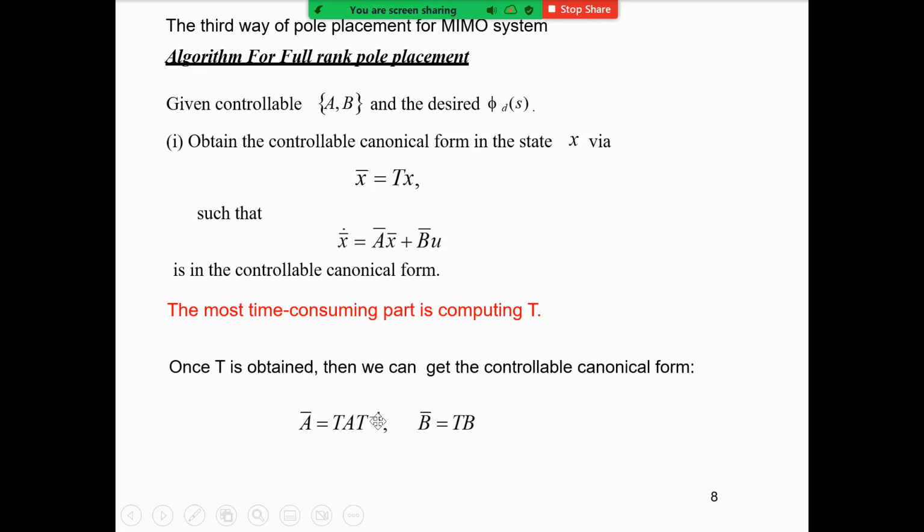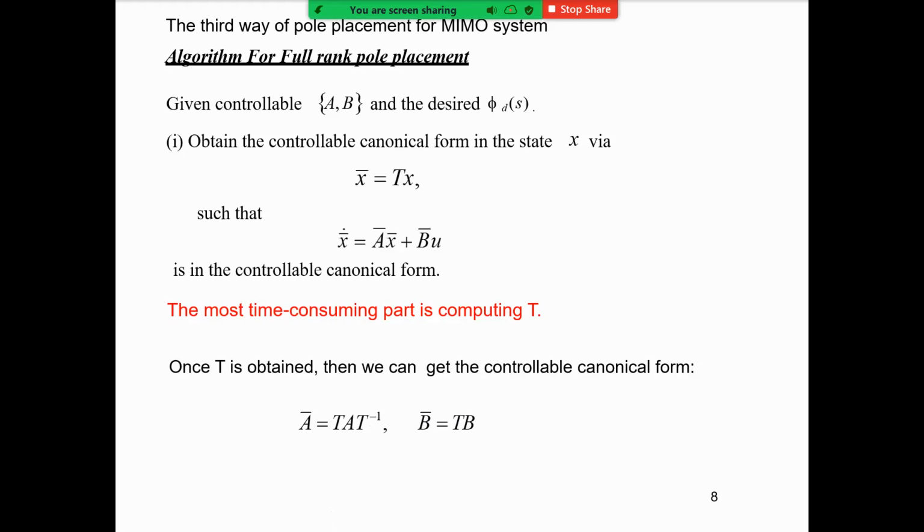Now, when you try to get the solutions for some questions, there is an easy way to verify whether the T is correct or not. You look at the form of your A bar and B bar. The trivial rows must match each other. In those trivial rows of A bar, there will be only one value of 1, and the others will be 0.